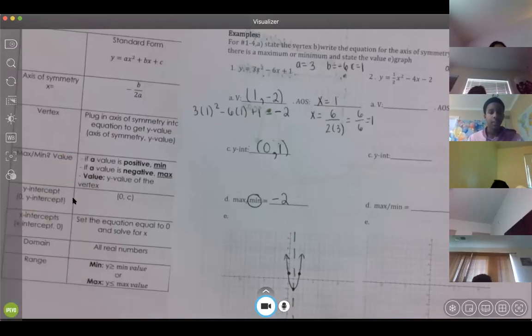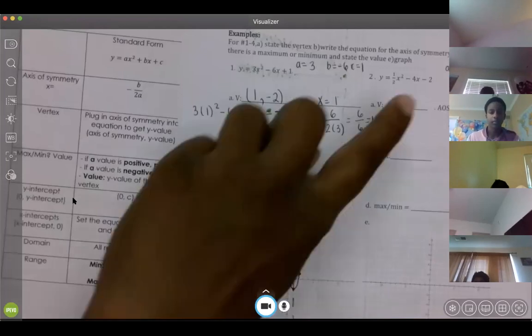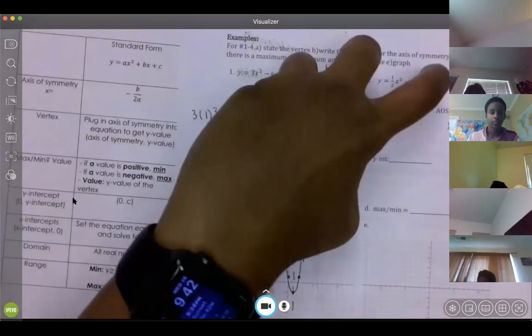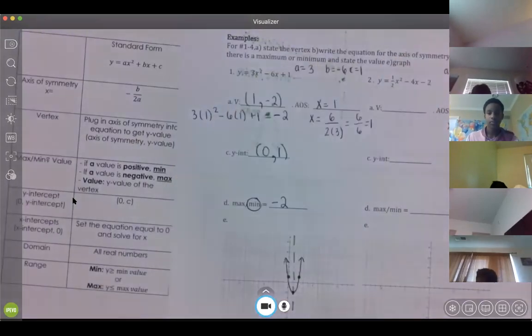It says plug in axis of symmetry into equation to get y value. Yeah, so your point is going to be the axis of symmetry, y value. So what was our axis of symmetry? It's just x equals 4. So we're going to take that 4 and we're going to plug it into our equation. Does that make sense? Yeah.